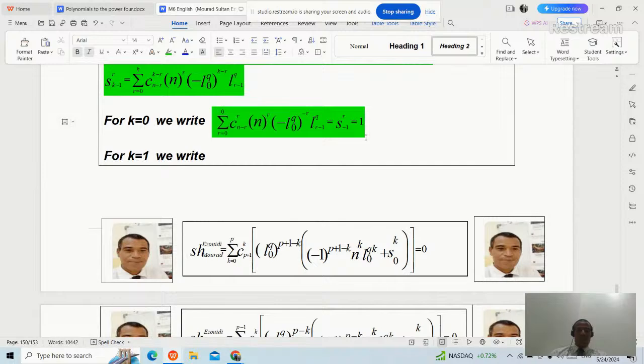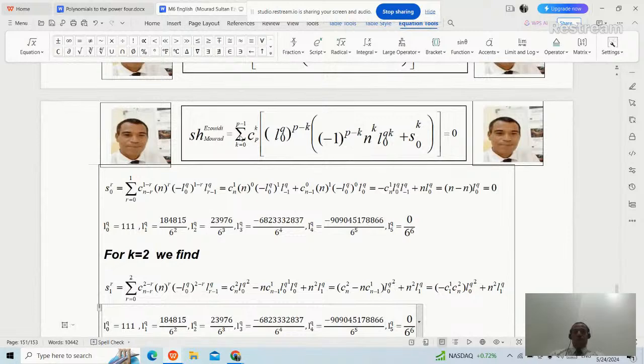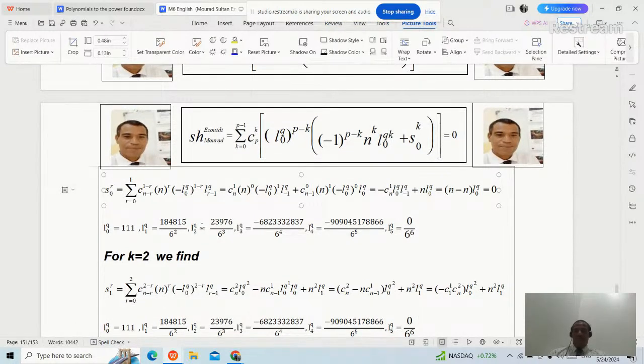Now when k equals 1, learners, we are going to use this formula.